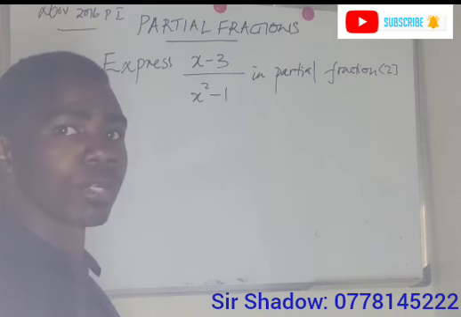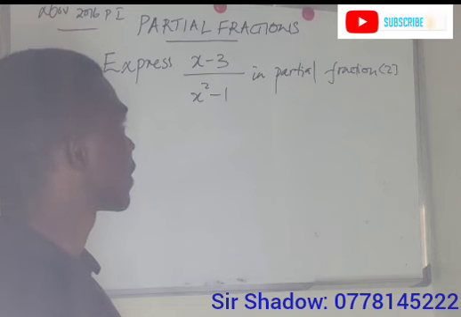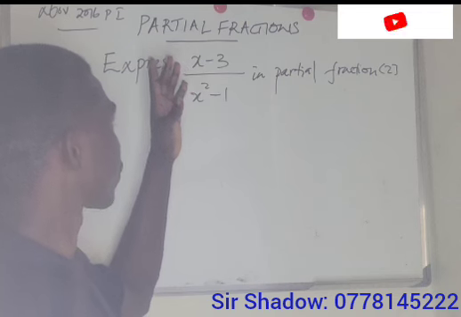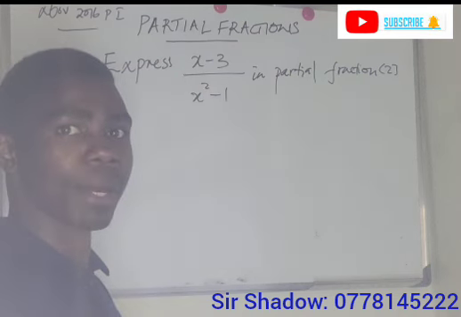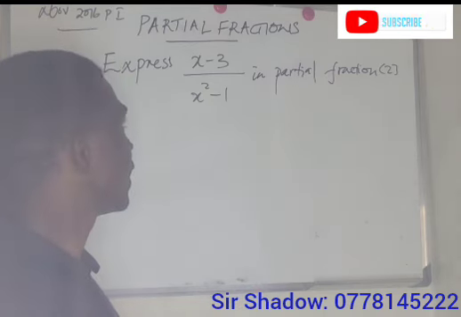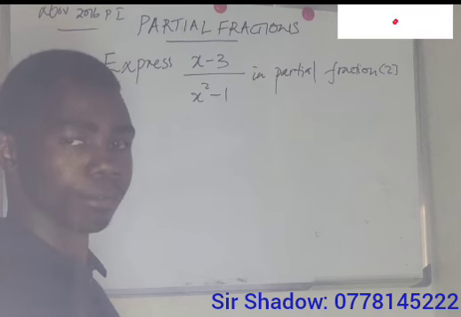So I want to explain partial fractions. Many students get confused in differentiating the types of expressions under partial fractions. What you have to know is that we have the first one, the linear, partializing using a linear factor.